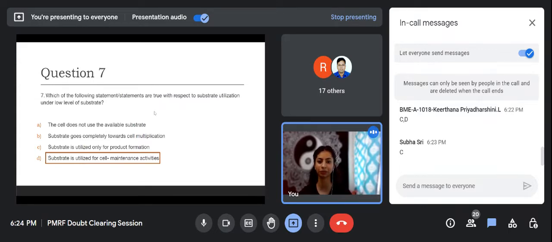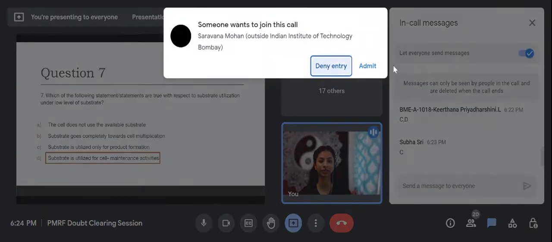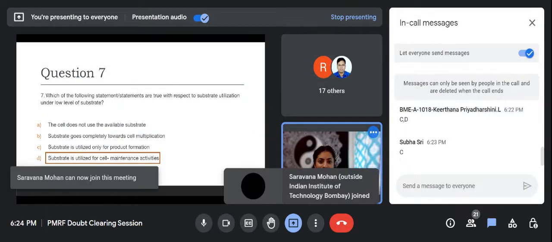In case it is a primary metabolite, yes, the substrate will be used for product formation, but that is not the only thing. So it is not only for product formation. It will be used for cell maintenance activity, a byproduct of which could be the product that you require. That is why this C and D option was not exactly right. So a better option will be D in this case, right?